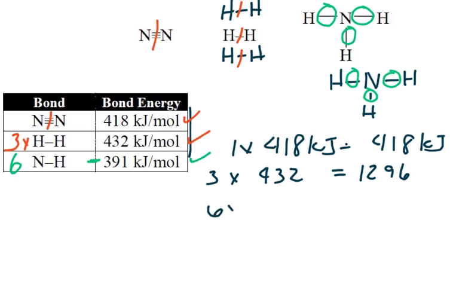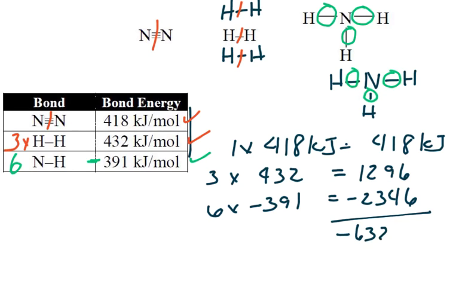And then I have 6 times negative 391, and that gives me a negative number, negative 2346 kilojoules. So I have to add these all up, positive numbers and the negative number. And when I add those all up, I get negative 632 kilojoules. And that's my answer.